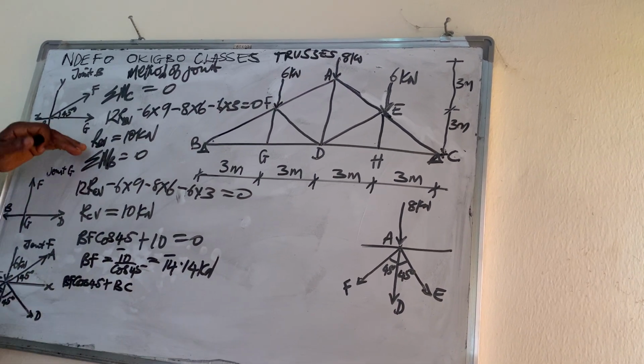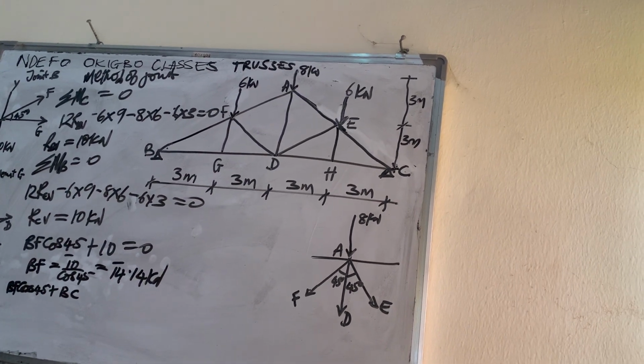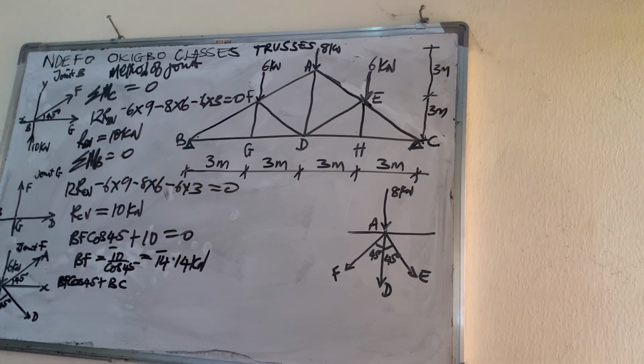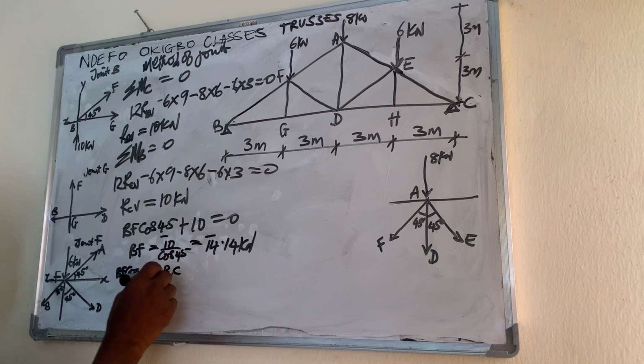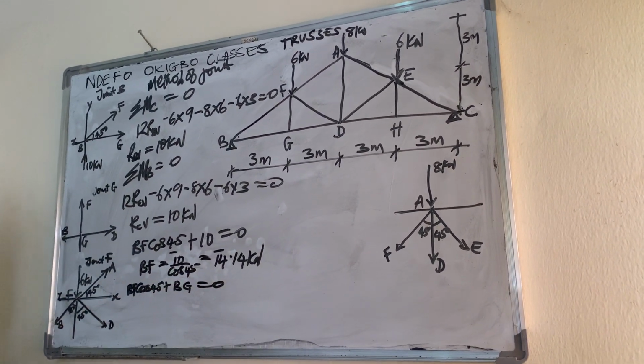BG is horizontal, so it doesn't need resolution any longer. BF was not horizontal, it's inclined, so we bring it to horizontal by multiplying with cos 45. So plus BG equal to 0.